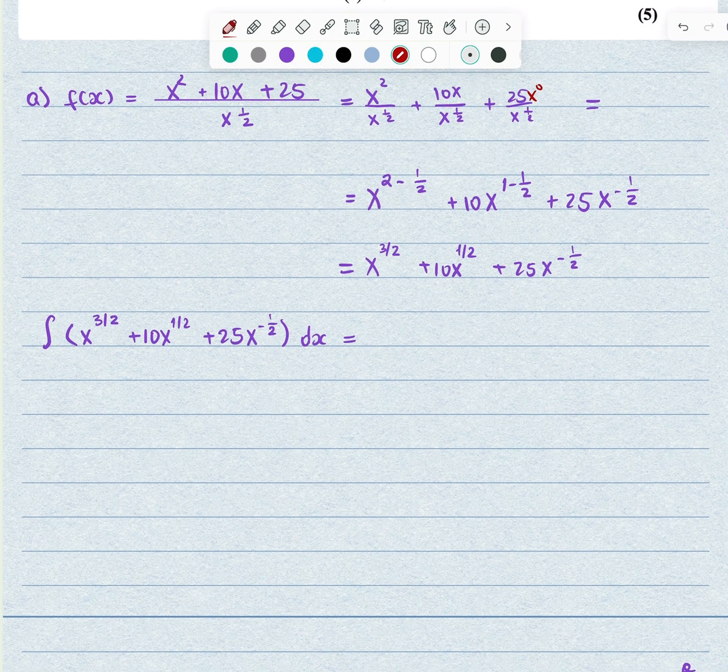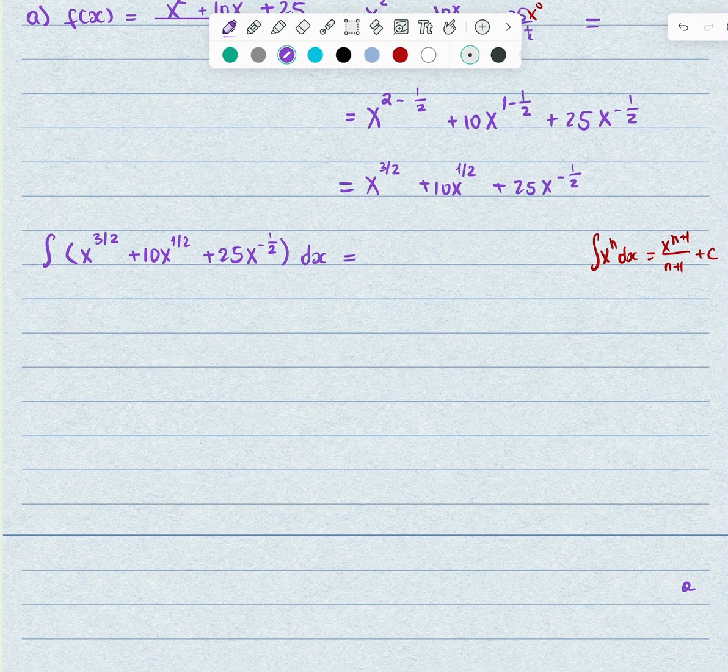The rule you know already from the integral: the integral of x to the power of n dx is x to the power of n plus 1, divided by n plus 1, plus c. Don't forget the c, it is a must to gain the final full mark. So we have the same cases here: x to the power of 3/2, x to the power of 1/2, and x to the power of negative 1/2. The 10 and 25 don't matter actually.